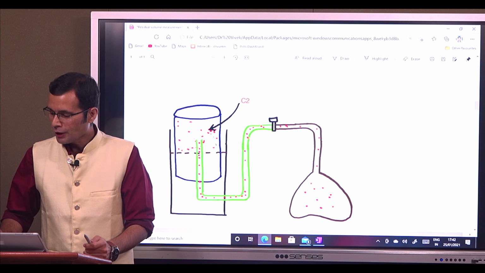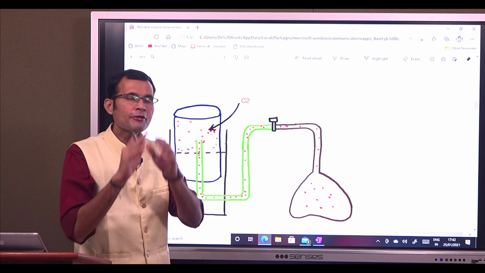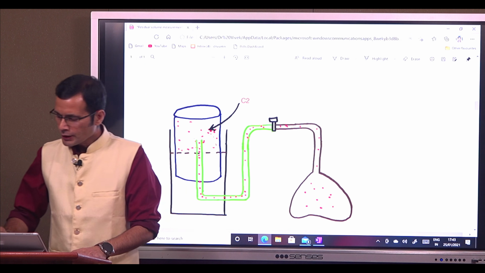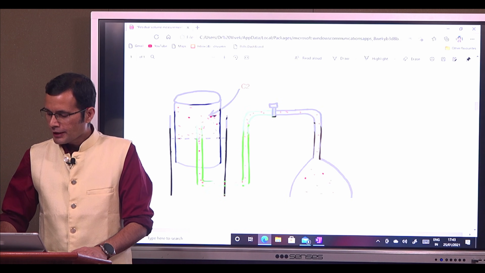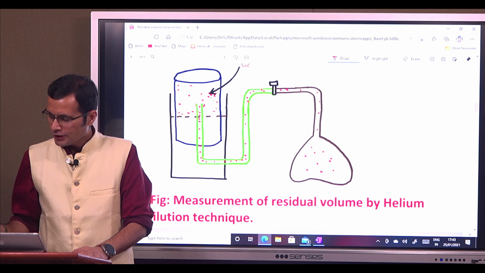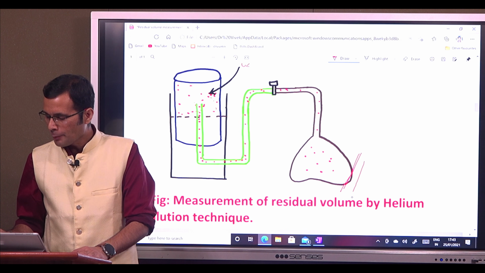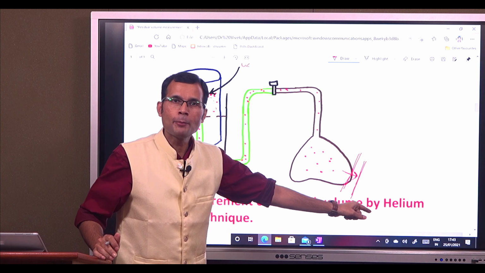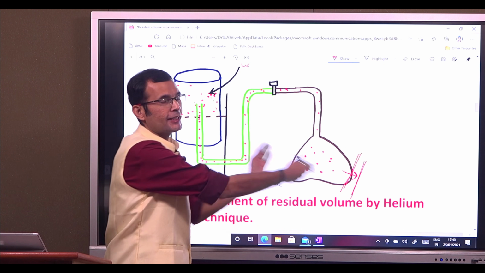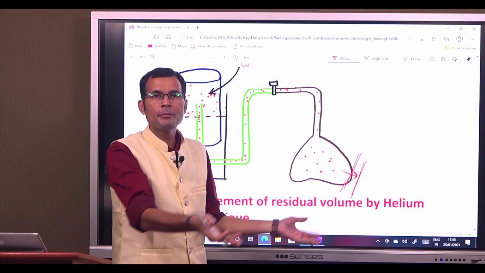So therefore, now you can understand once again why we chose helium. If the helium was inspired and let's say it was diffusing very rapidly into the blood, what will happen? That means it was escaping the volume which we are measuring.